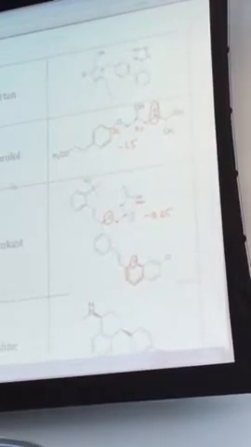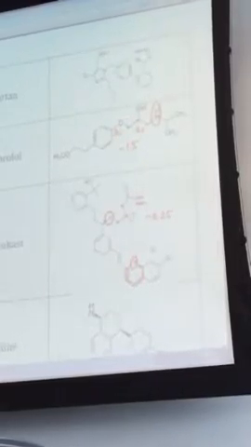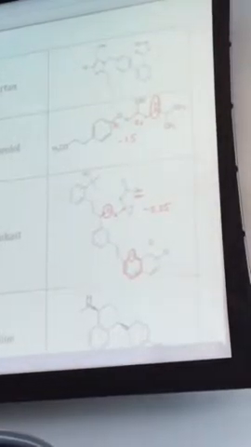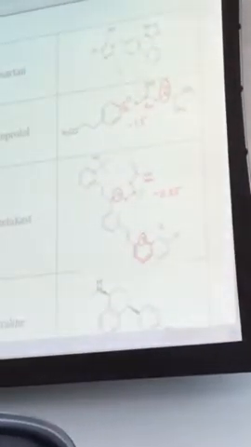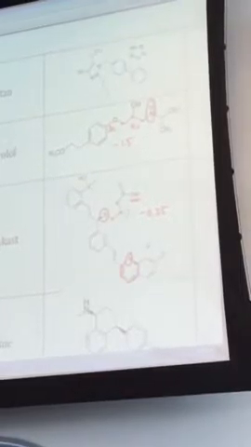So you would say it's around 5, but I wouldn't ask you to calculate it. It's 4.6 is the parent for an aniline, so it's usually around 4 or 5.